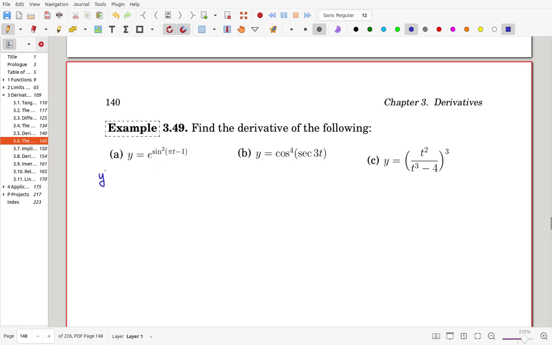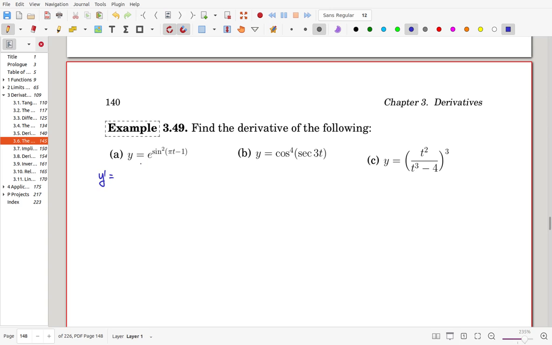Okay, y prime. First, we are considering sine squared of pi t minus 1. That whole thing, the exponent, is a variable.